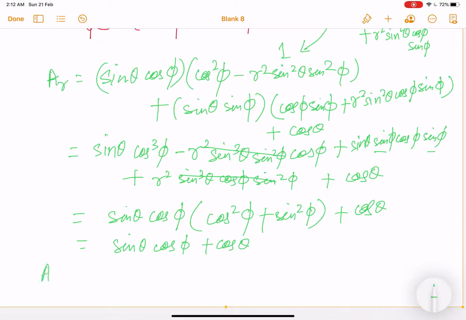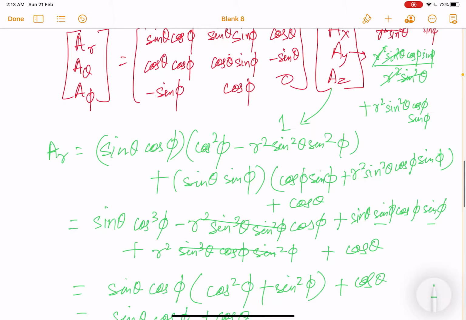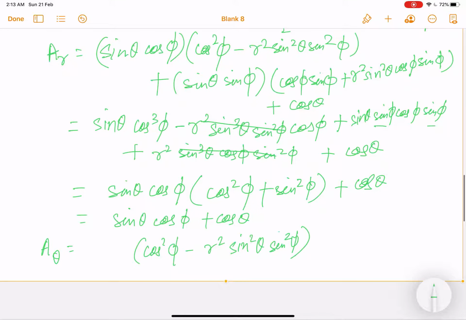Then next A theta is equal to, these are such big terms, but don't lose hope. Have patience and solve it patiently. Then only you can do it correctly. Otherwise, you can just mess it all up. This term, I have to multiply it with cos theta cos phi.